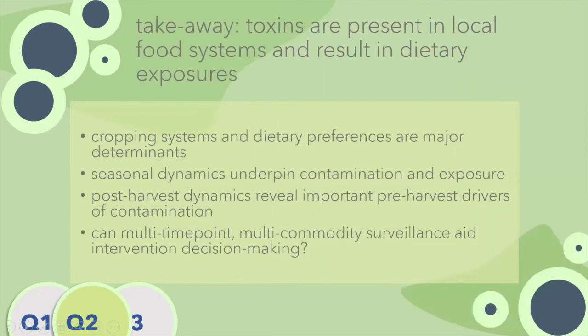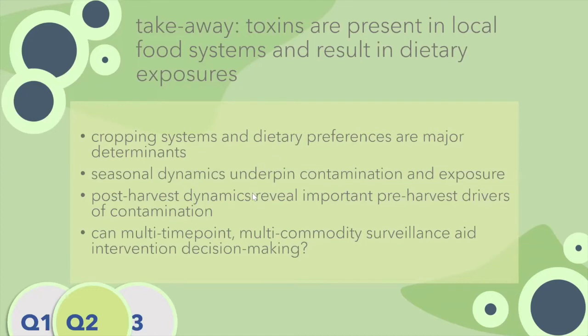And so we can really conclude that toxins are present in local food systems and are resulting in dietary exposures. We've observed that cropping systems and dietary preferences are major determinants of contamination outcomes, and that seasonal dynamics in production and consumption underpin contamination and exposure events.